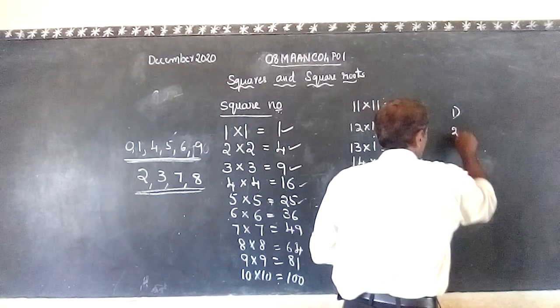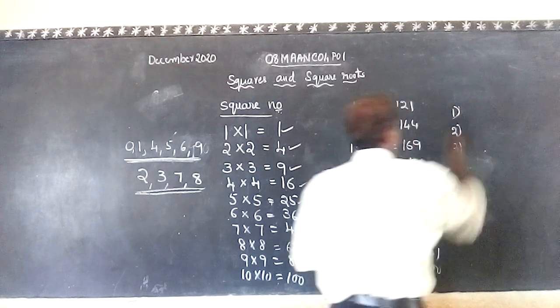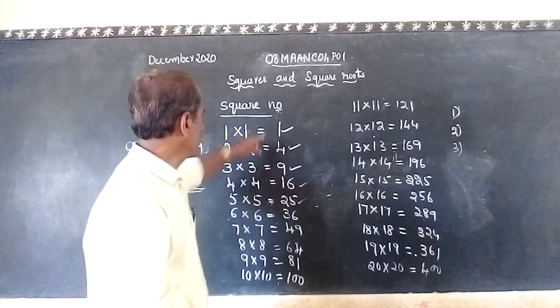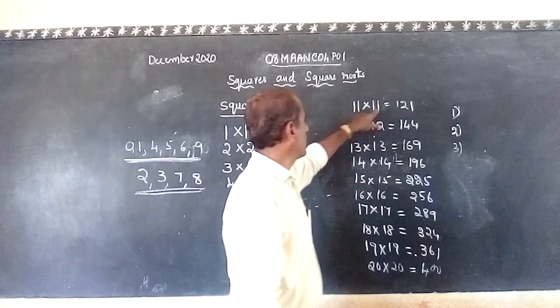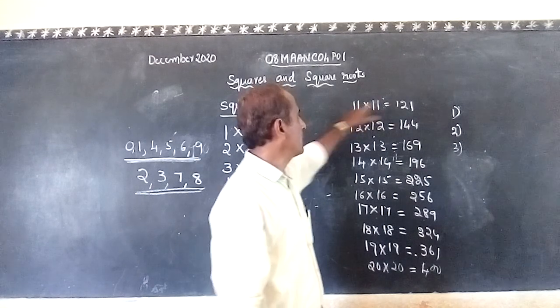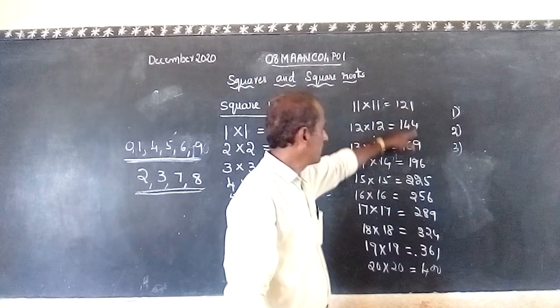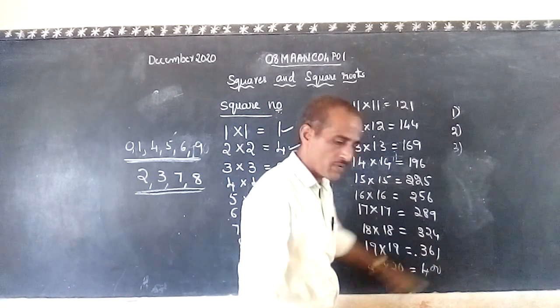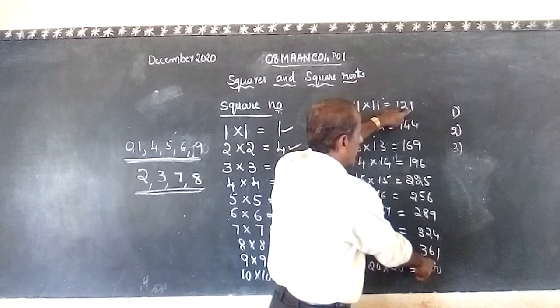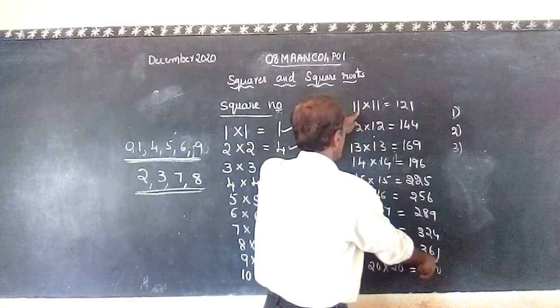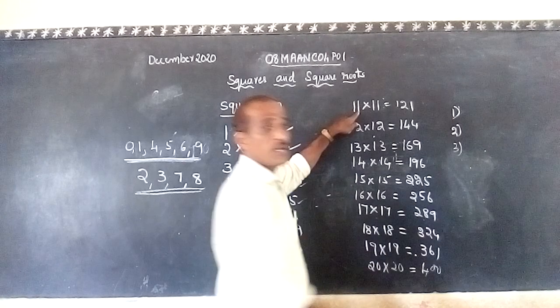This is another property. Next, look at this. If the root ends with 1, its square ends with 1. The number ends with 1 where its root ends with either 1 or 9.